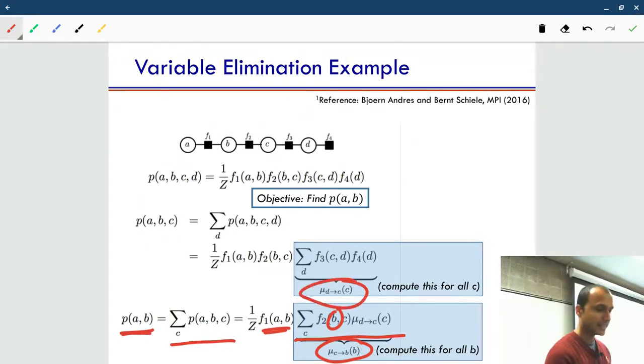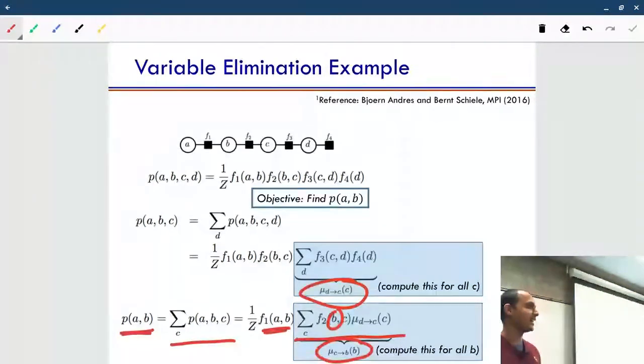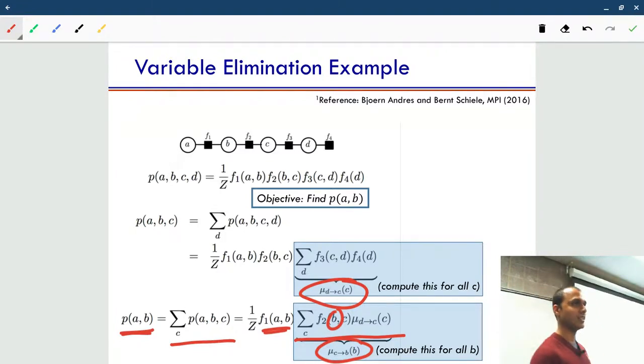Why am I bringing in additional notation? This is just a precursor. These are going to be called messages in a subsequent algorithm that we'll look at, belief propagation. These are just vectors. Think of a, b and c as discrete random variables taking only finite values for simplicity.